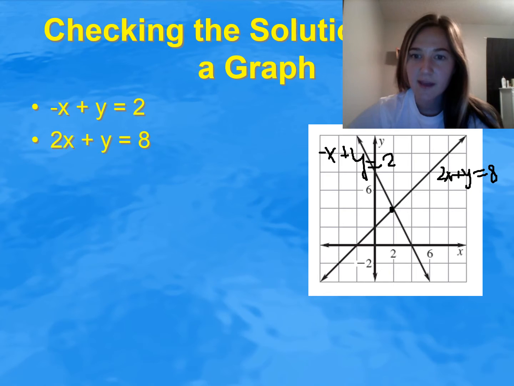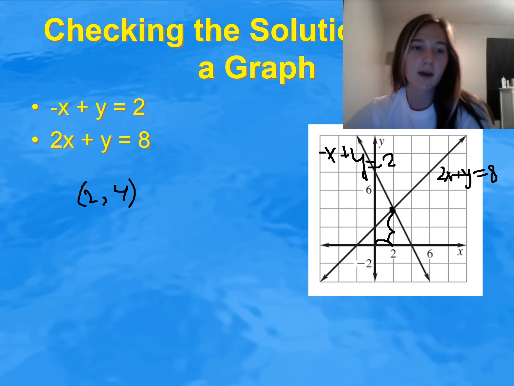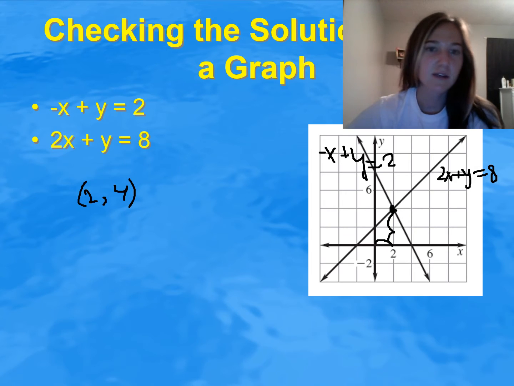We said that the solution to the system is the intersection point. We're counting by 2's here, so the x value is 2, y value 4. And that's the ordered pair that satisfies the system of linear equations.